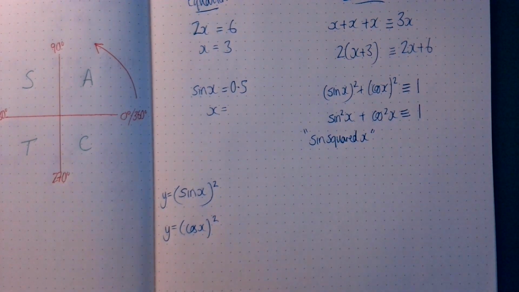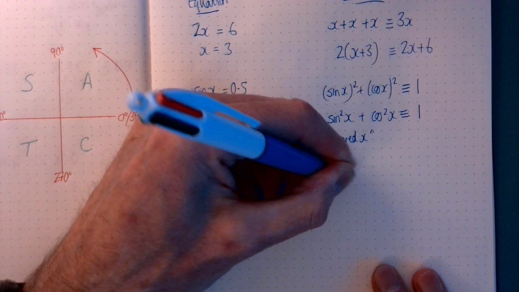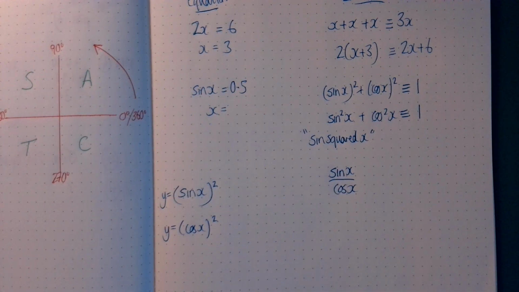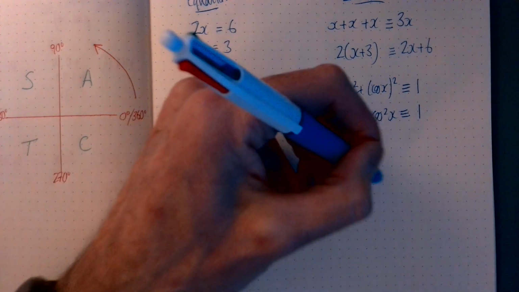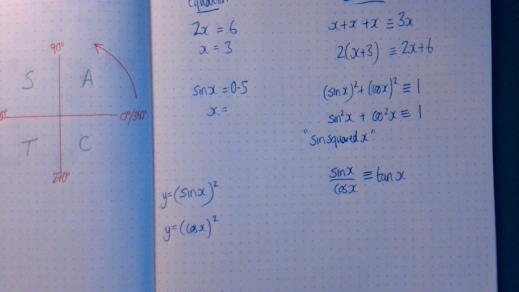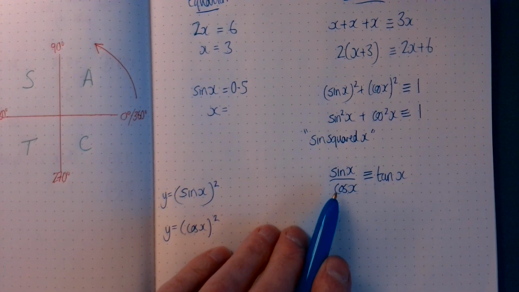There's a second identity, which we did derive in class. I'm not going to derive it now, because otherwise this video is going to be interminably long. But if you take the sine of an angle and divide it by the cos of an angle, regardless of what that angle is, you always get the tan of an angle. Again, you could check that on your calculator by sketching sine x divided by cos x.